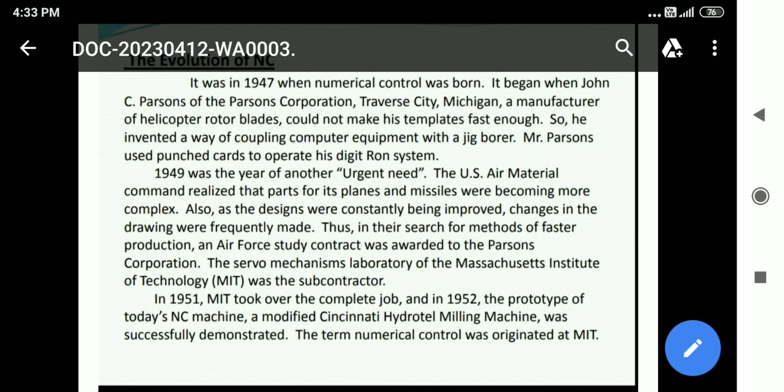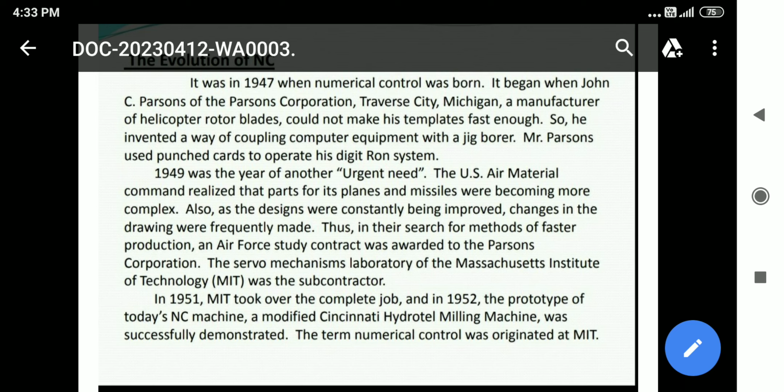In 1951, the MIT took over the complete job. Parsons gave the idea of how to manufacture faster than before, and then handed it over totally.